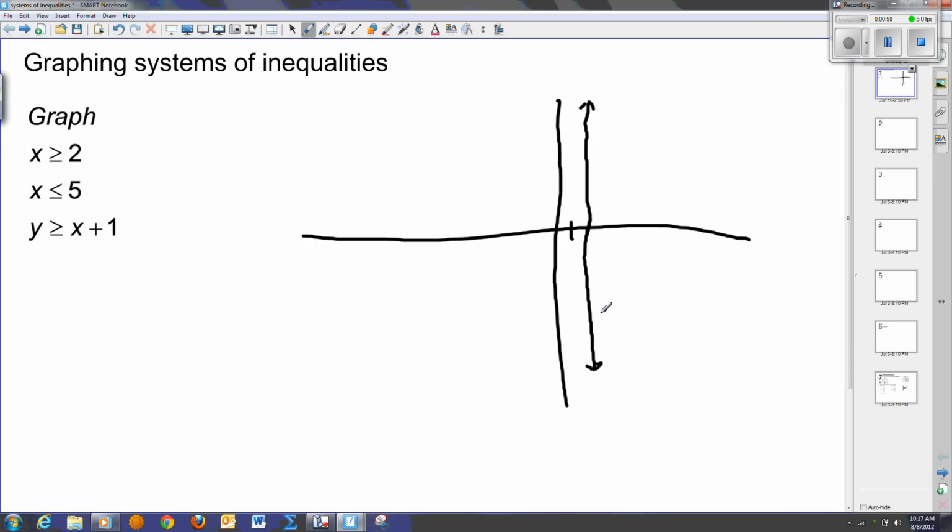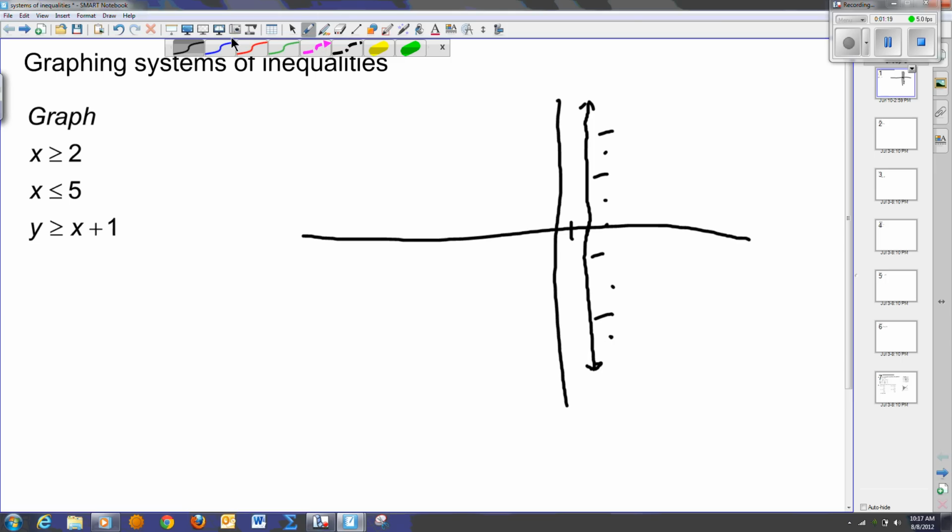We want to shade the area in which all x values are greater than 2. The area to the left of this vertical line has x values less than 2, so the areas greater than 2 are over here. I'll just hash that area in.